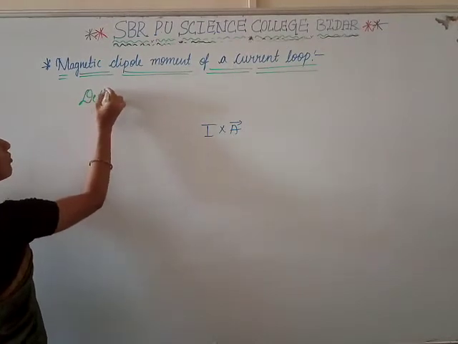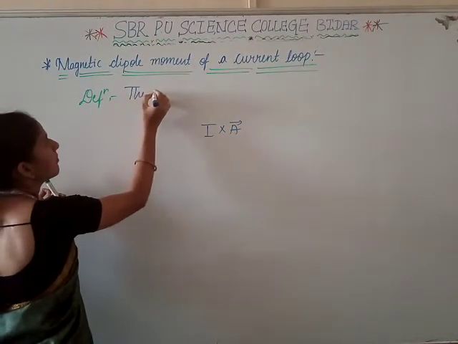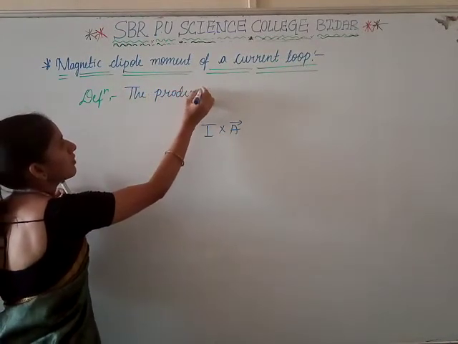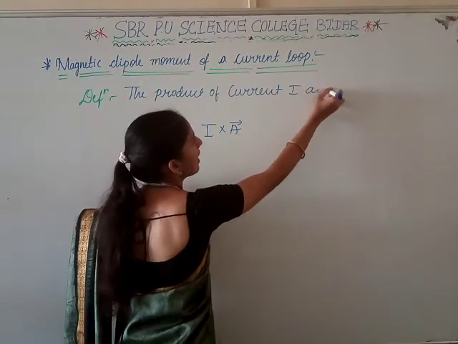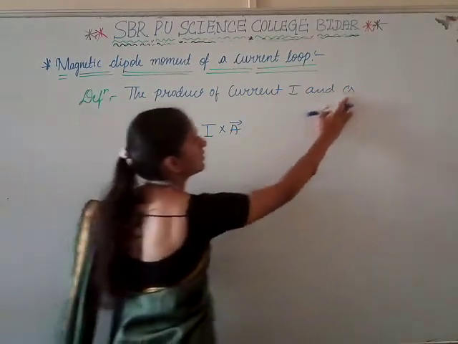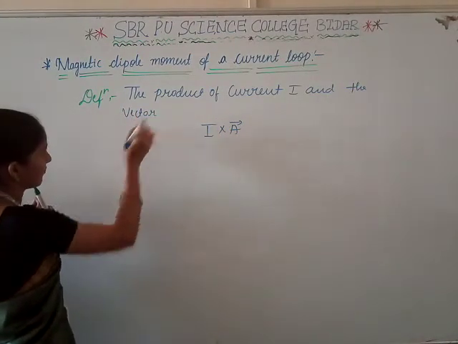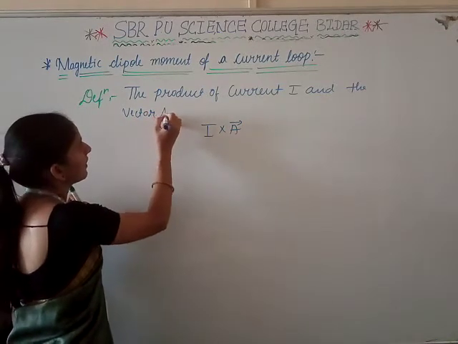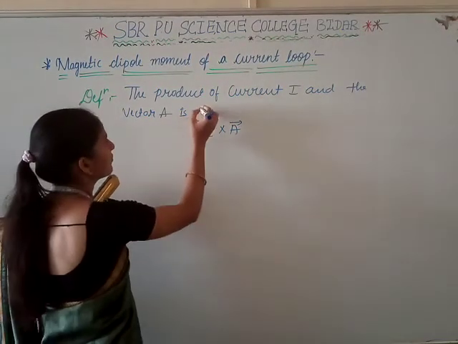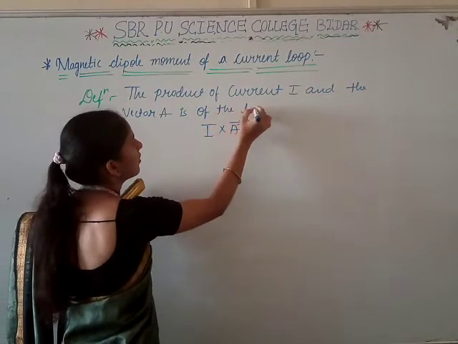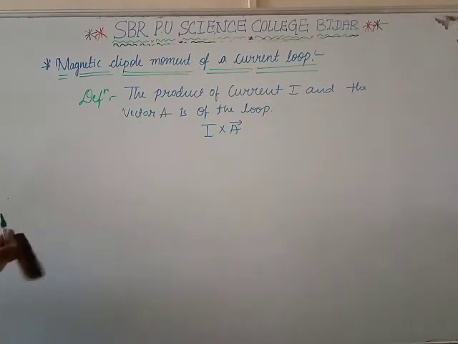The magnetic dipole moment of a current loop is the product of current I and the vector A of the loop.